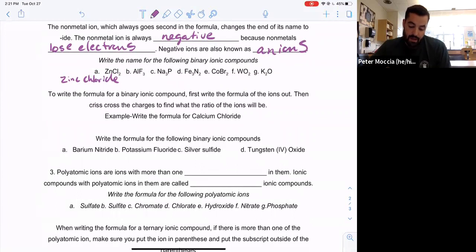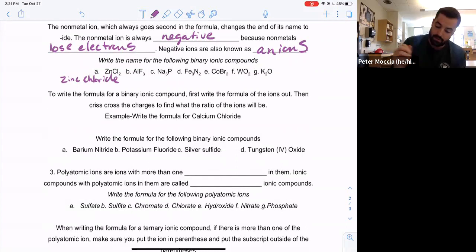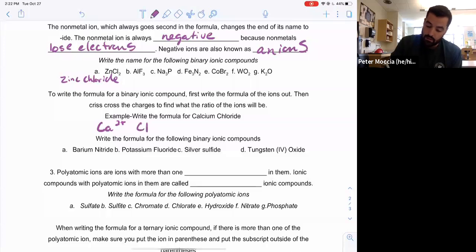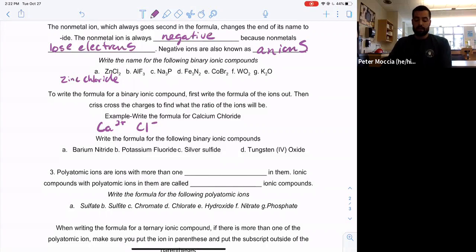To write the formula for a binary ionic compound, first write the formula of the ions out, then crisscross the charges to find what the ratio of the ions will be. Example: write the formula for calcium chloride. We know that calcium is Ca2+ because it's in group 2. We know that chloride is Cl- because it's in group 7A, the halogens.